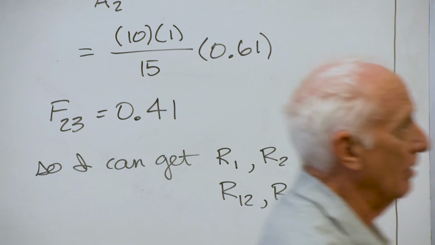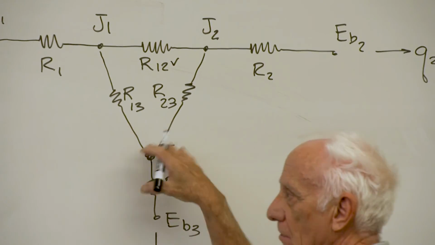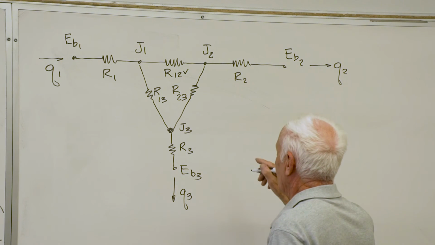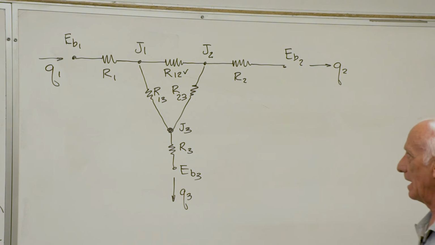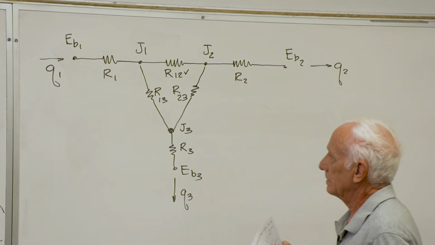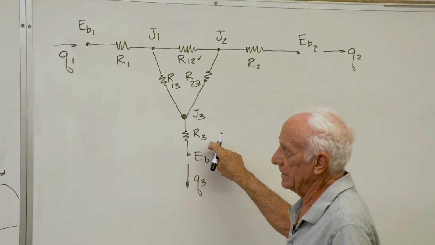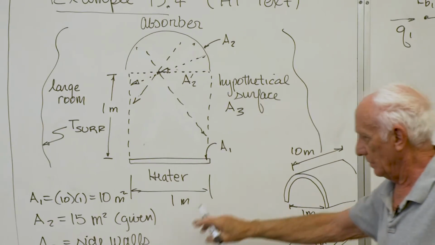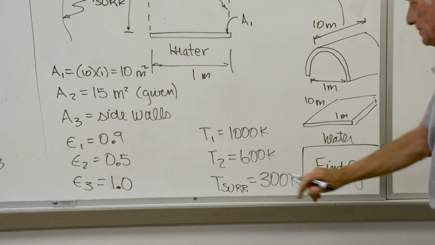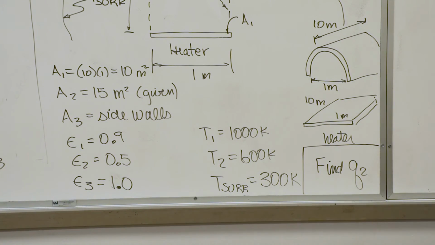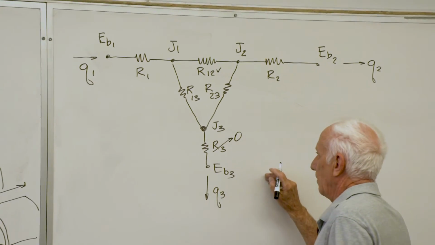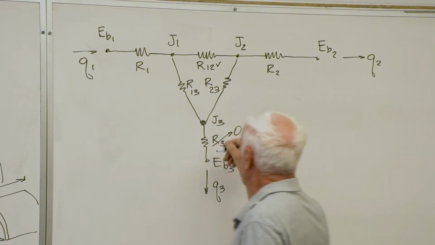So now I've got all my resistances over here. Okay. Now I've got to stop, by the way. What's surface 3? It behaves as if it were a black surface at the temperature of the surroundings. If it's a black surface, what's R3? 0. If R3 is 0, do I know what J3 is?